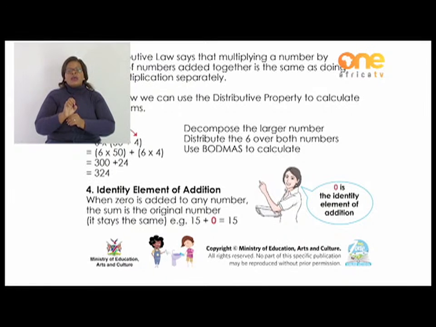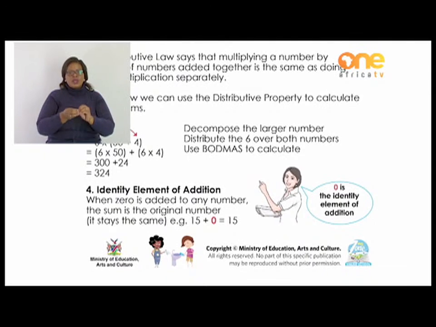You must take note of that, because a question can come and say, what is the identity element of addition? Then you must answer as 0. To explain below number 4, when 0 is added to a number, the sum is the original number. It stays the same. For example, 15 plus 0, it gives you 15. 0 added to a number, you get that number.